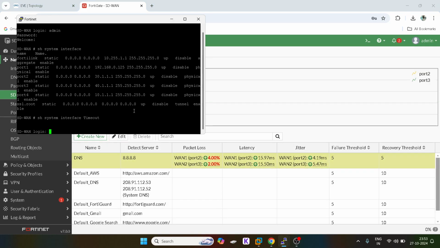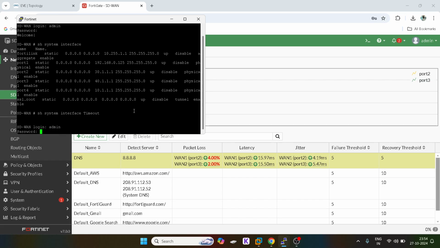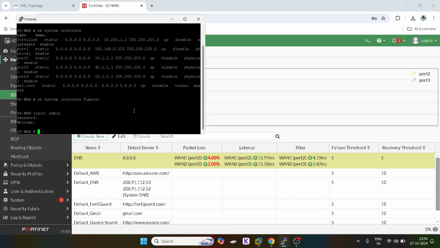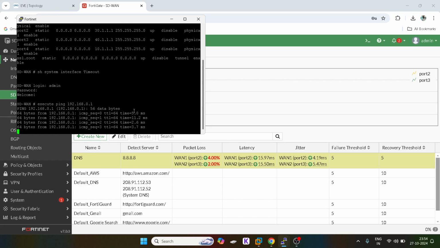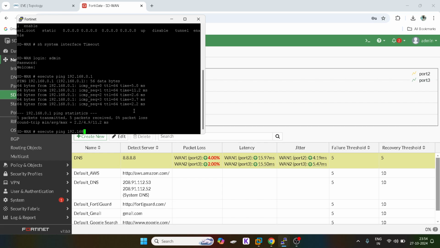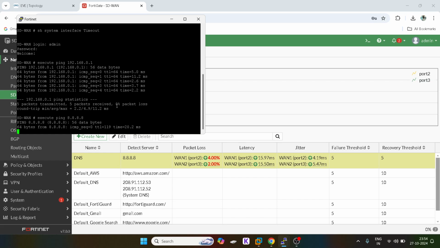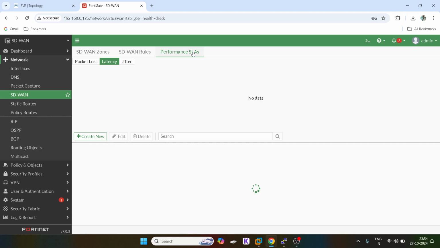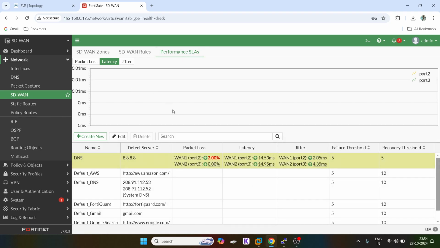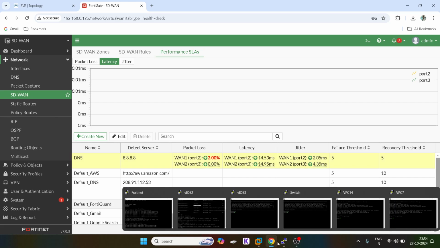Let me give a ping, 192.168.0.1. Now the packet loss has reduced.